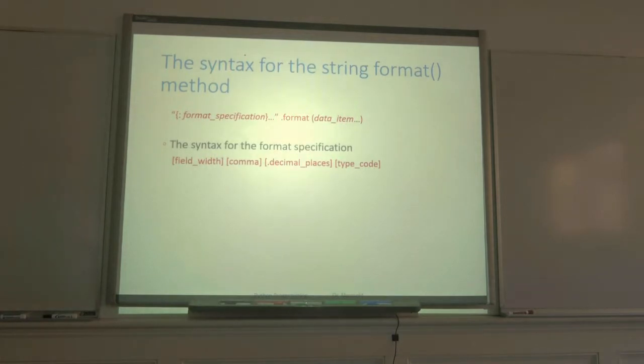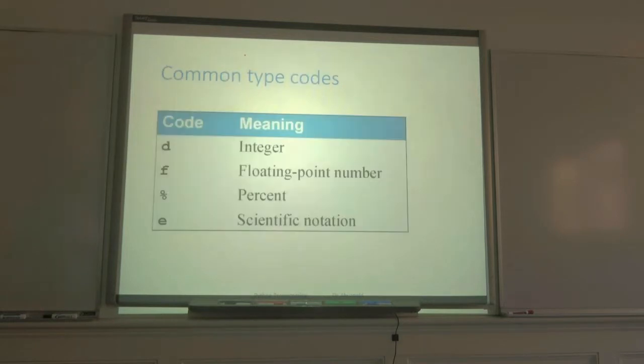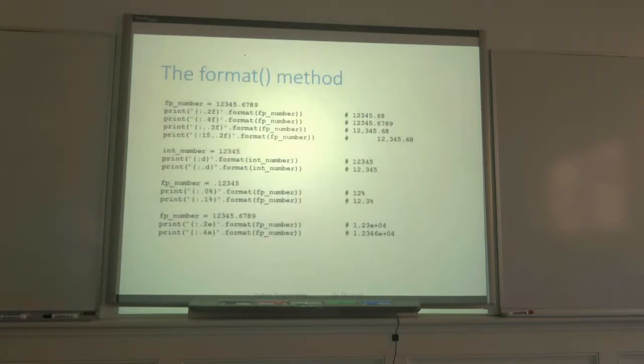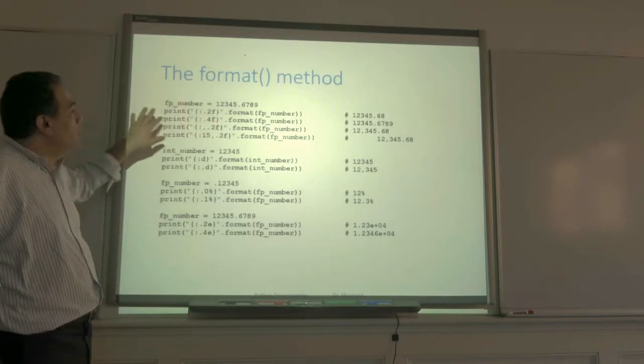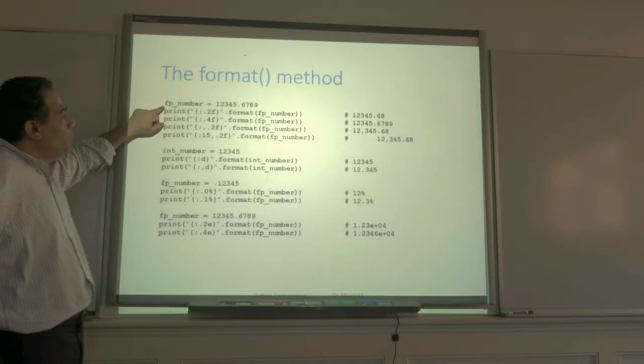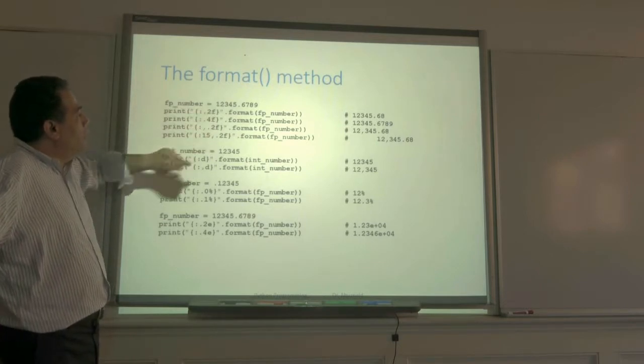All right, let's talk a little bit about the format quickly. The types of data could be integer, float, percentage, and scientific notation. I'm just giving you an example. This could get complicated. So for example, I have a floating point number, right?